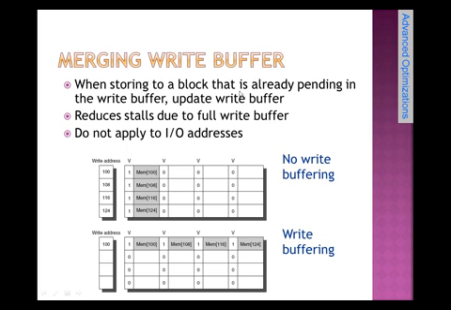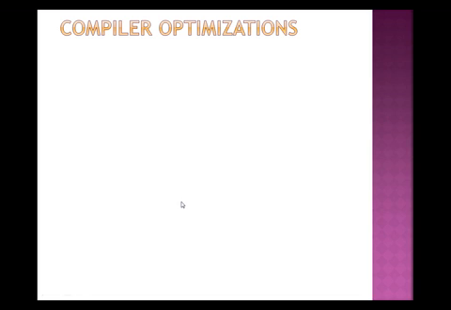When storing to a block that is already pending in the write buffer, update the write buffer. This reduces stalls due to a full write buffer. It does not apply to input output addresses. This is no write buffering, and this is write buffering, where there are vacant places.